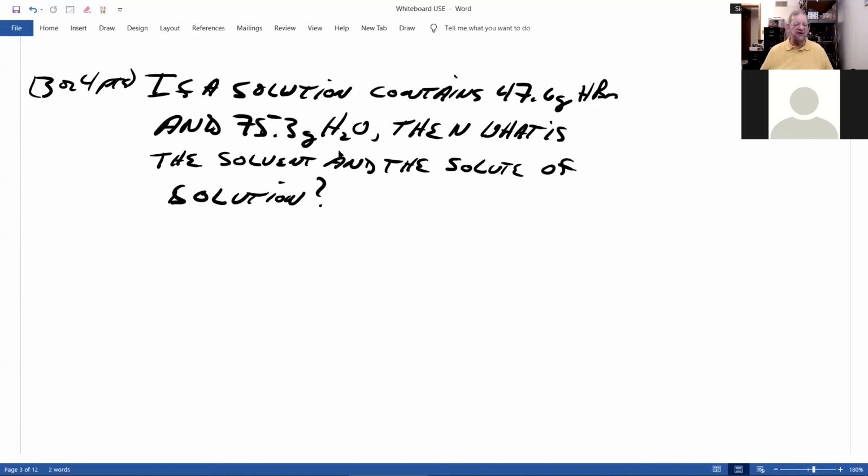All right, let me decode this for you. If a solution contains 47.6 grams of HBr, hydrobromic acid, and 75.3 grams of water, H2O, then what is the solvent and solute of this solution? Your turn.